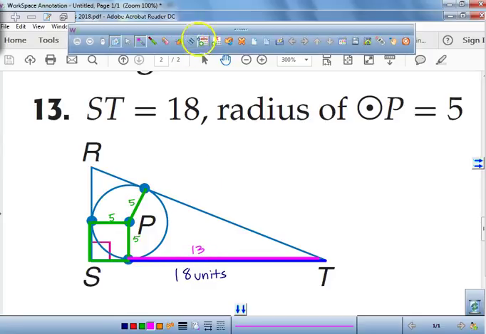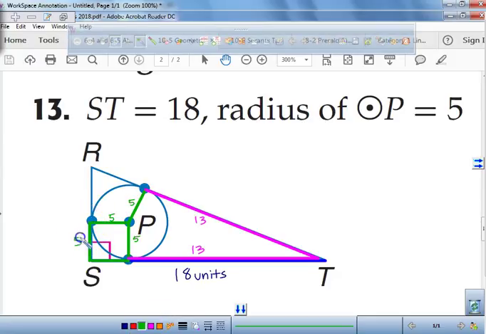And then you can make another right triangle. So that's 13. This is also what? 13. This distance from here to here is 5, just like this distance is a 5. And 5 and 13 make 18.